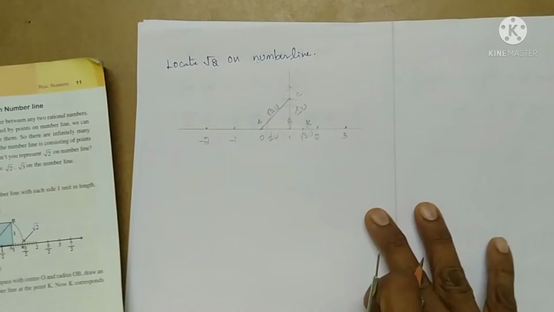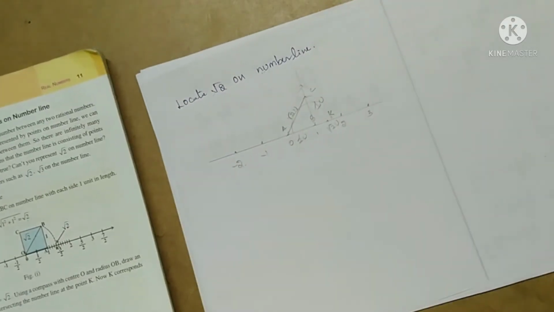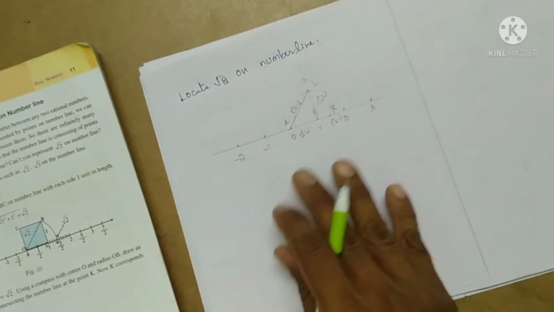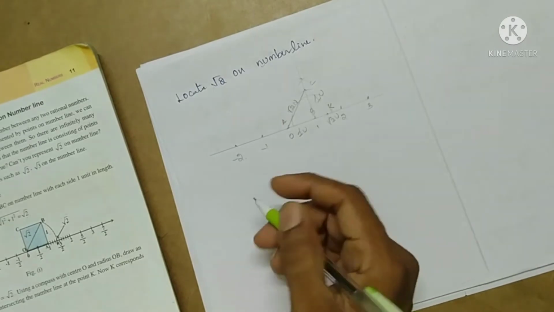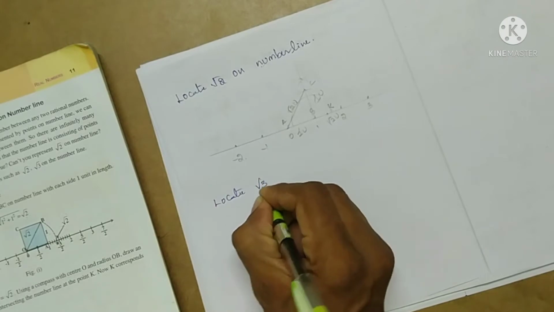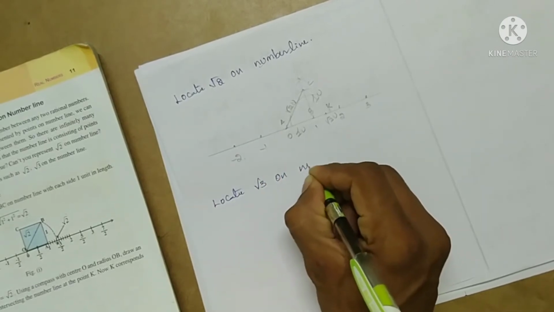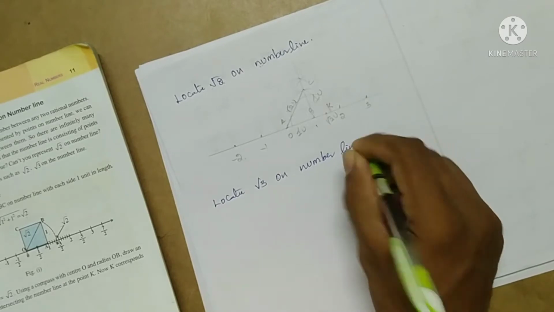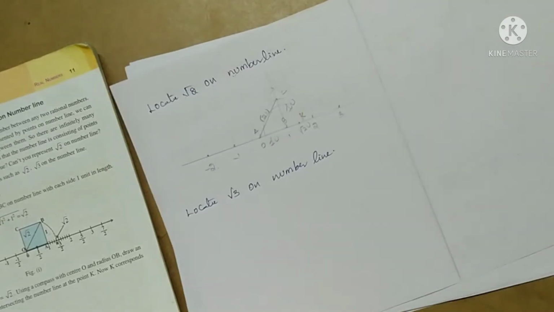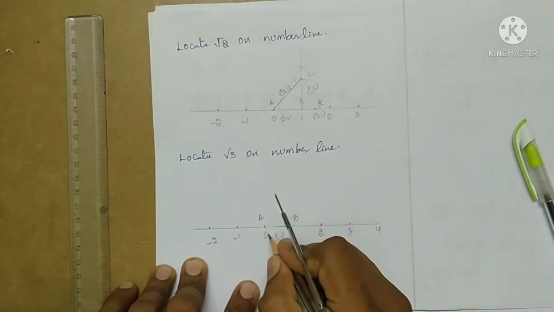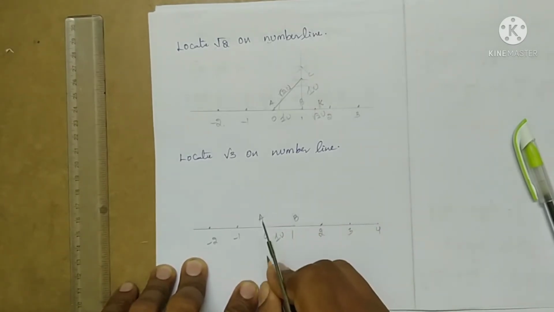So next one, example 8. Locate root 3 on the number line. This is our next question. Draw our number line. Next, A to B is 1 unit.